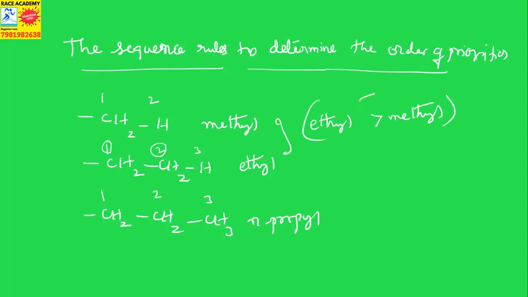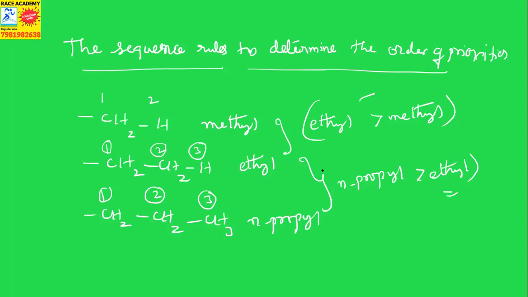While considering ethyl and propyl, the first two are the same. The third atom in the N-propyl case is carbon, Z value 6, while in ethyl it is hydrogen, Z value 1. So in the comparison between ethyl and propyl, obviously N-propyl will get higher priority than ethyl.